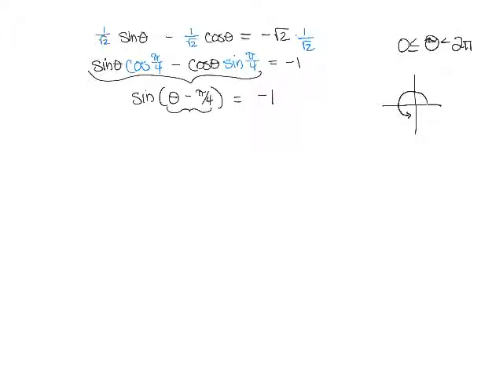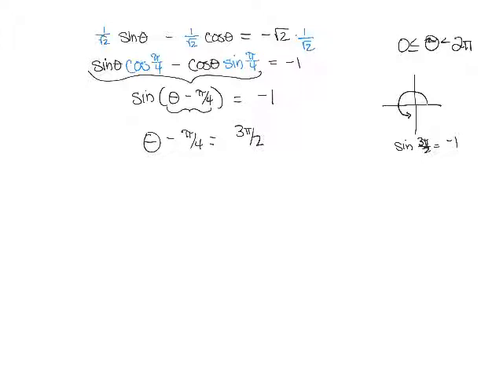So I know that if theta minus pi over 4 is equal to 3 pi over 2, that would give me the sine of 3 pi over 2, which would equal -1. And that's the only value in that interval from 0 to 2 pi.